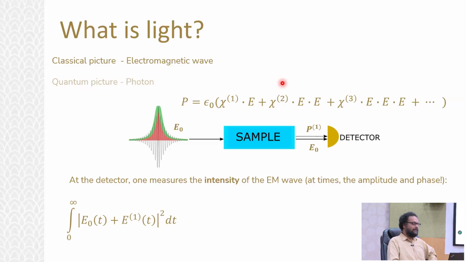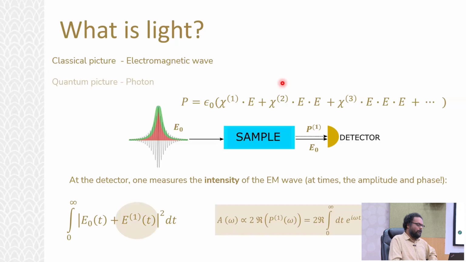You will just integrate over the entire signal in time, and square that, right? And we know that that part of the electric field, the linear component, the emitted field of the polarization, has access to what we call the absorption spectrum. Is everybody happy with the equation right on the slide, which I have highlighted?